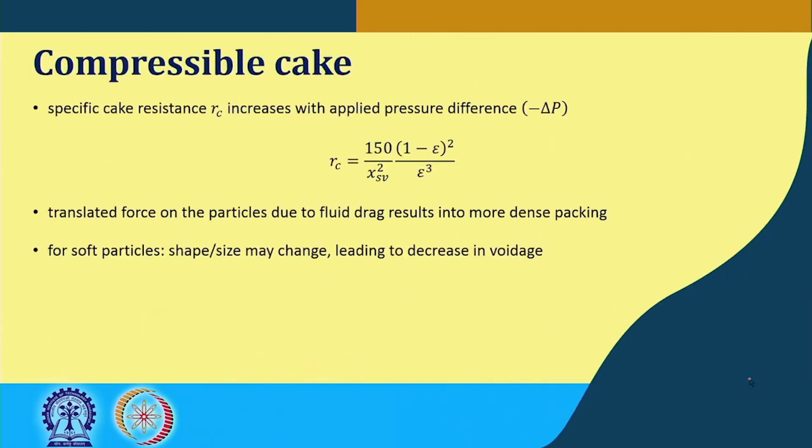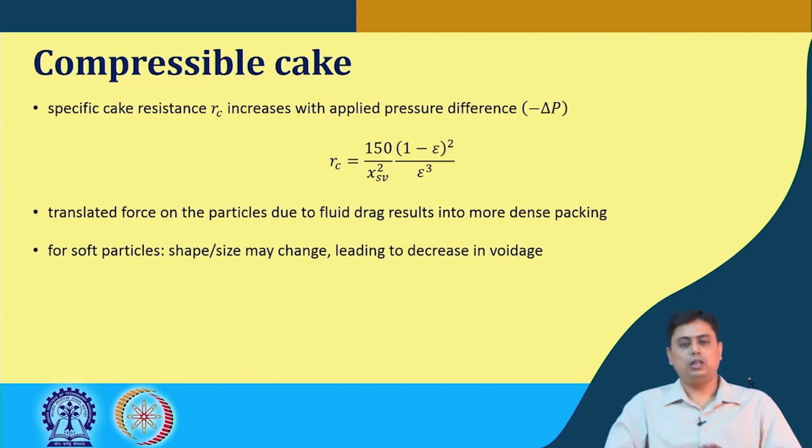Now, in fact we have dealt only with the incompressible cake assumption, that the voidage of this deposited cake does not change with pressure, or the specific resistance remains the same. But in most cases it has been seen that this specific cake resistance increases with applied pressure difference.